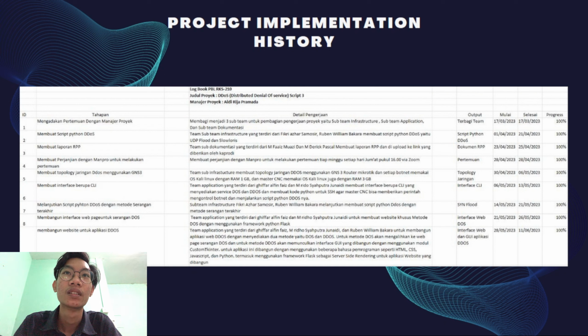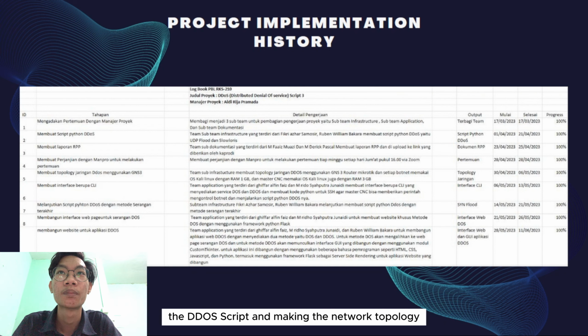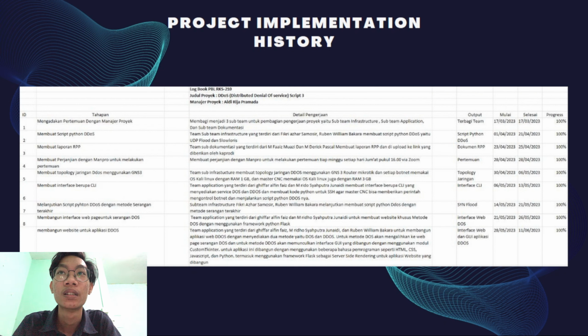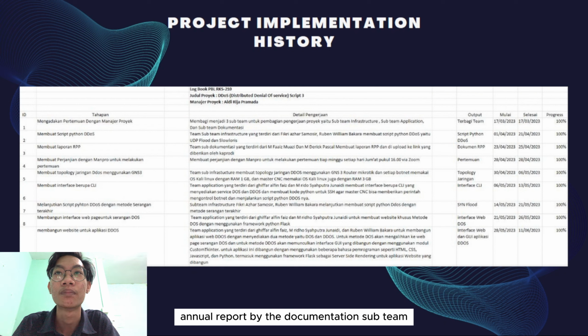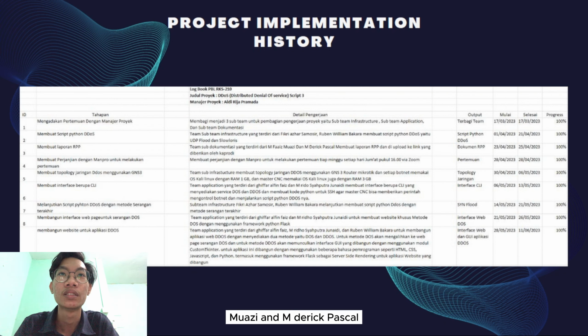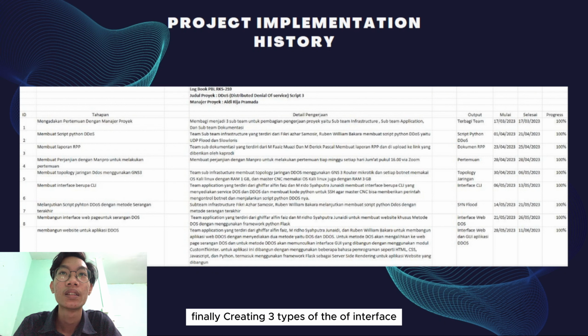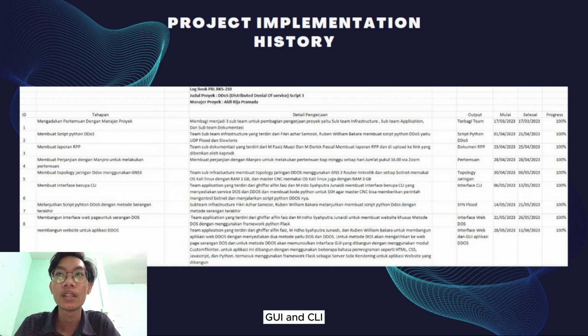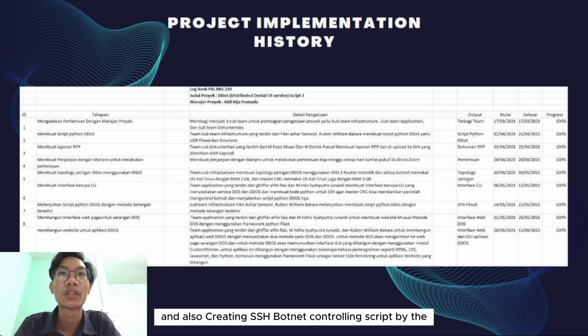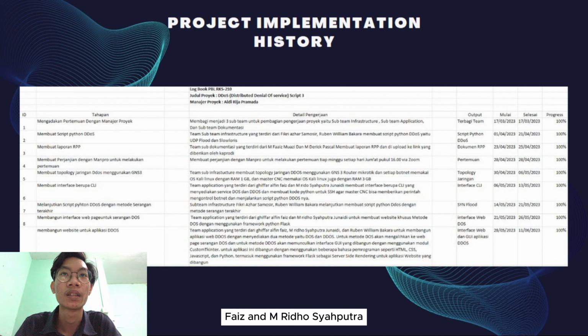The steps include creating the Python DDoS script and making the network topologies using GNS3 by the infrastructure subteam, consisting of Fikri Azhar Samosir and Ruben William Bakara; creating the monthly and annual report by the documentation subteam, consisting of M. Faiz Muazi and M. Derek Pascal; and finally, creating three types of interface, which are website, GUI, and CLI, and also creating the SSH botnet control script by the application subteam, consisting of Gifar Alvin Faiz and M. Rido Saputra.